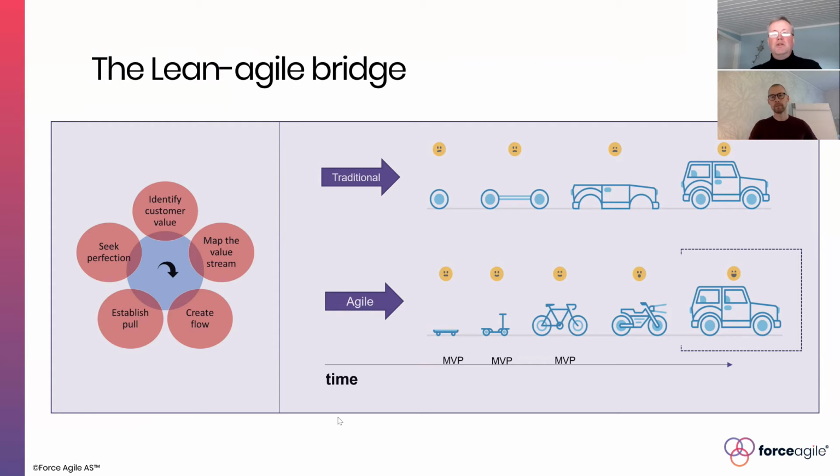We need to establish a way to pull tasks into the teams according to the capacity of the teams. And then we seek perfection all the time with what we are working on. It's the basis and the fundamental part of continuous improvement.